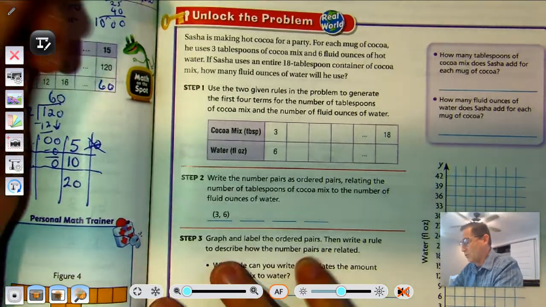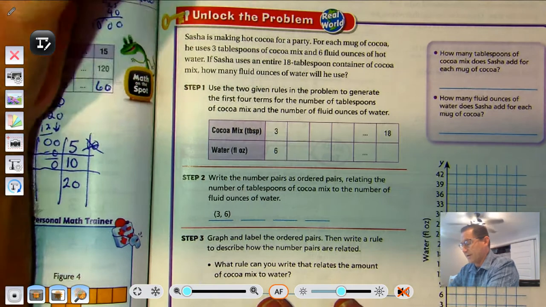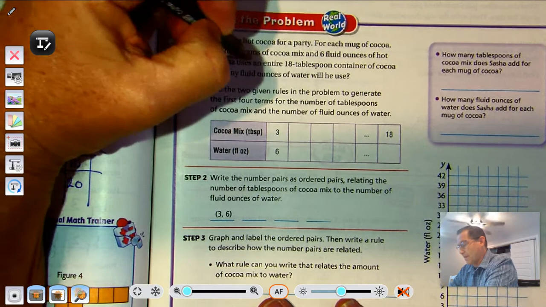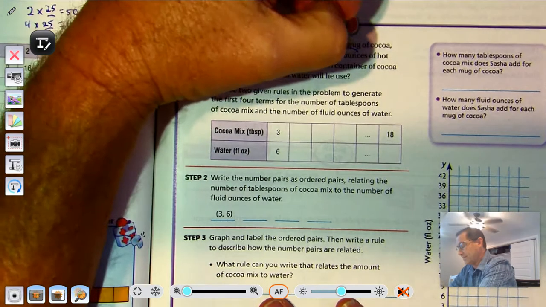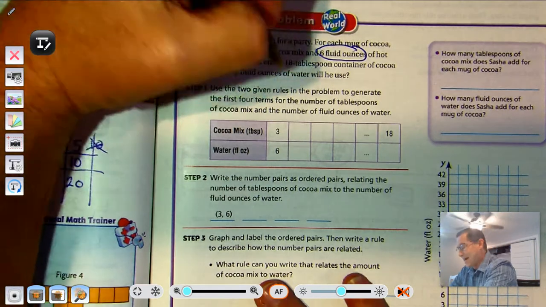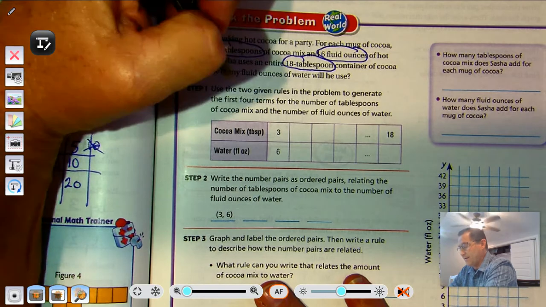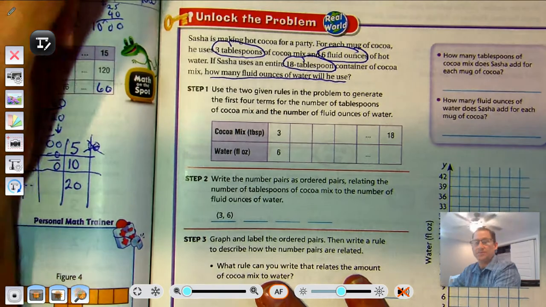Sasha is making hot cocoa for a party. For each mug of cocoa, he uses 3 tablespoons of cocoa mix and 6 fluid ounces of hot water. If Sasha uses an entire 18 tablespoon container of cocoa mix, how many fluid ounces of water will he use?